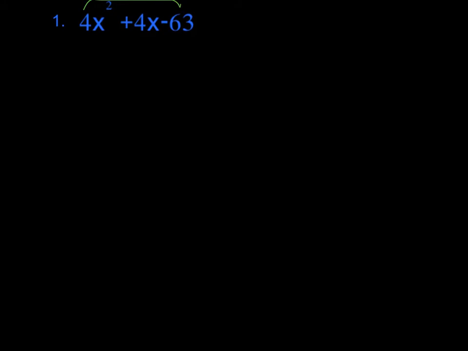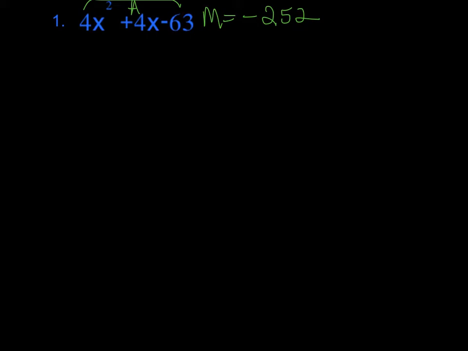So remember that we're going to just multiply 4 times that negative 63, and that's going to give us our M, which is negative 252. And we want to figure out what multiplies to negative 252 and adds to positive 4.